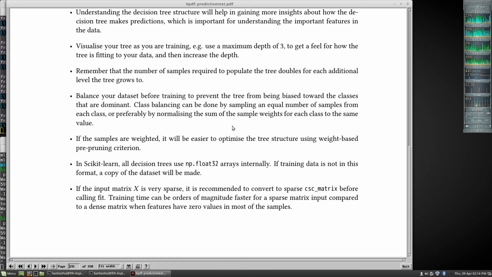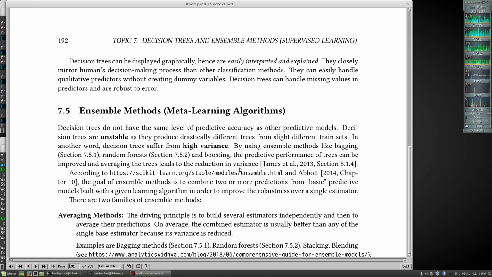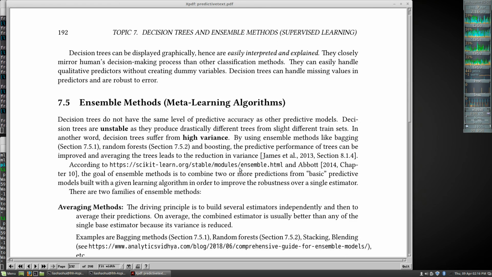So these are some things we need to be careful about. And of course, there are a lot of programming issues one needs to consider, like whether we want to save some memory by using single precision numbers instead of double precision numbers, and so on.